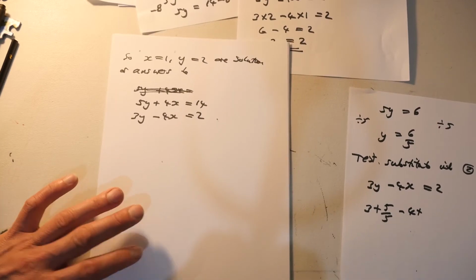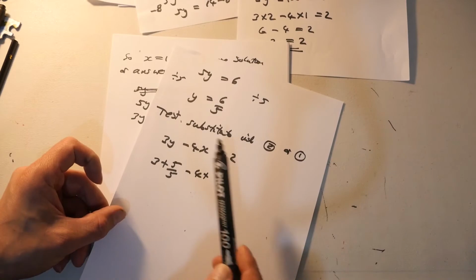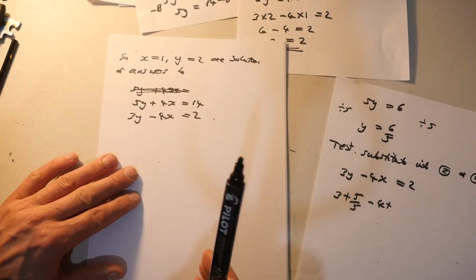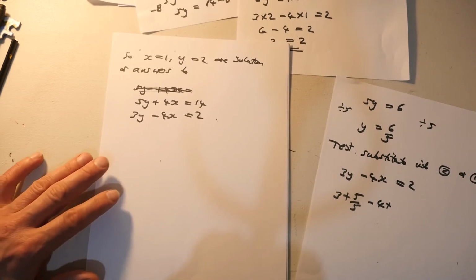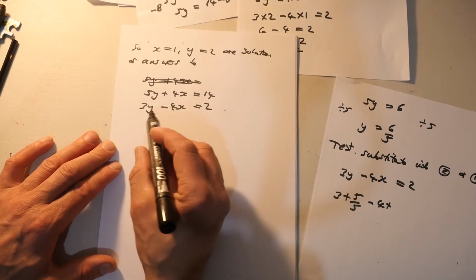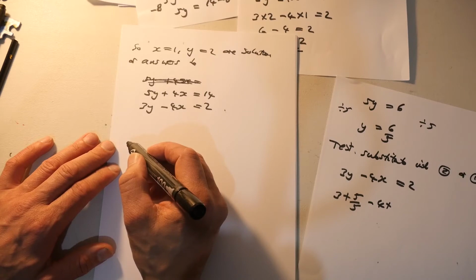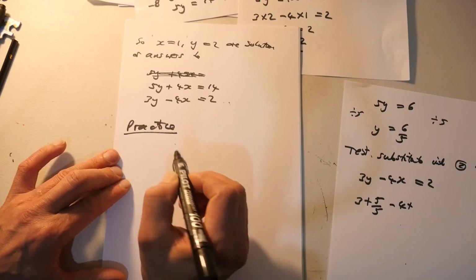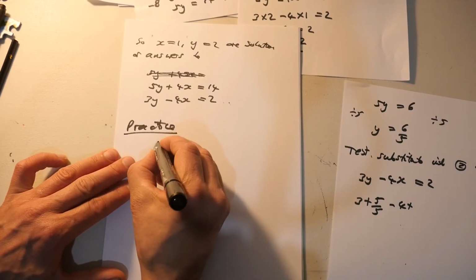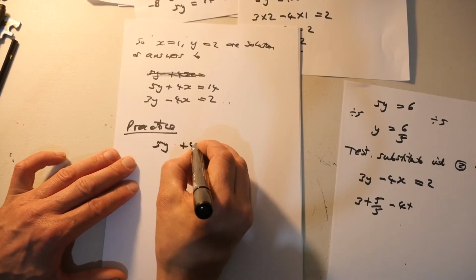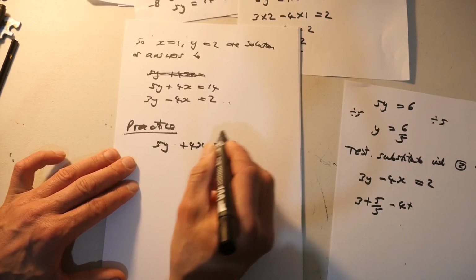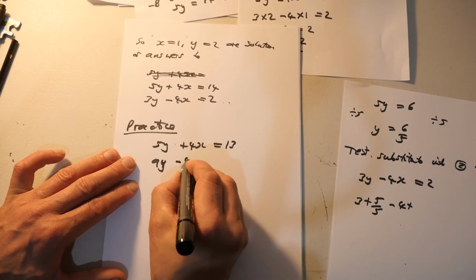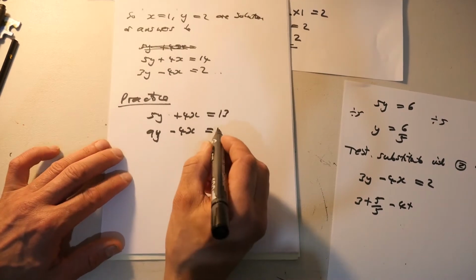Okay. When I got the error here, if I put that into the test, it would obviously come out wrong. But so you could, if you want for practice, you could do this. Okay, for practice, try this. 5y plus 4x equals 13, 9y minus 4x equals 1.